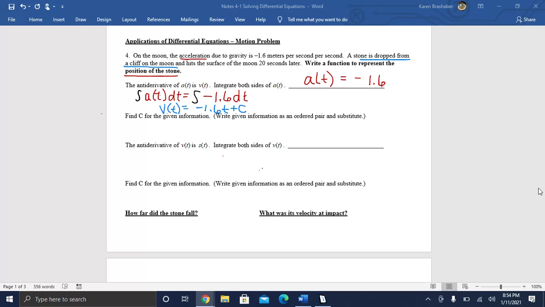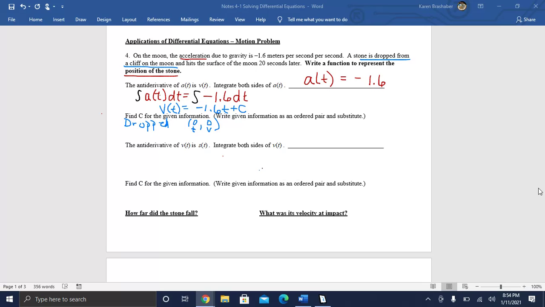If something is dropped, and we're looking at velocity, that means that at time 0, the speed or the velocity was 0. So we have the ordered pair of 0, 0 to plug in.